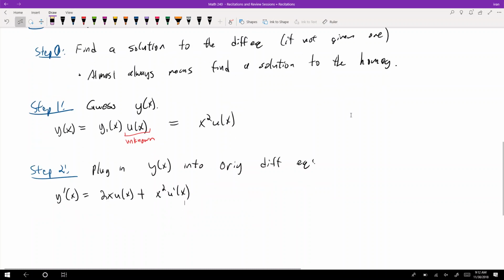Now y double prime of x, what does that equal? You take the derivative of the first piece, which is 2u of x plus 2x u prime of x, and then the derivative of the second piece, which is 2x u prime of x plus x squared u double prime of x.